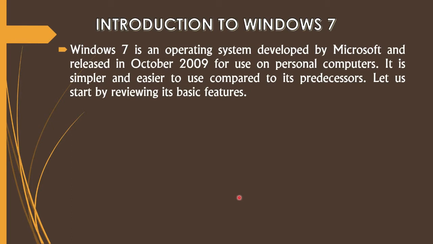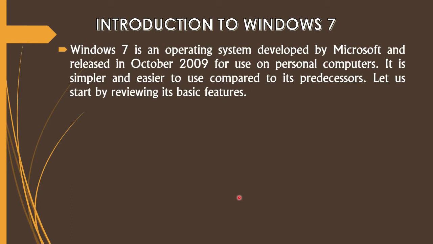Let us start by reviewing its basic features. So here we are using Windows 7. Nowadays Windows 10, 11 are used. It is released in October 2009, and it is simpler and easier for the user, so that the user can easily operate the computer.